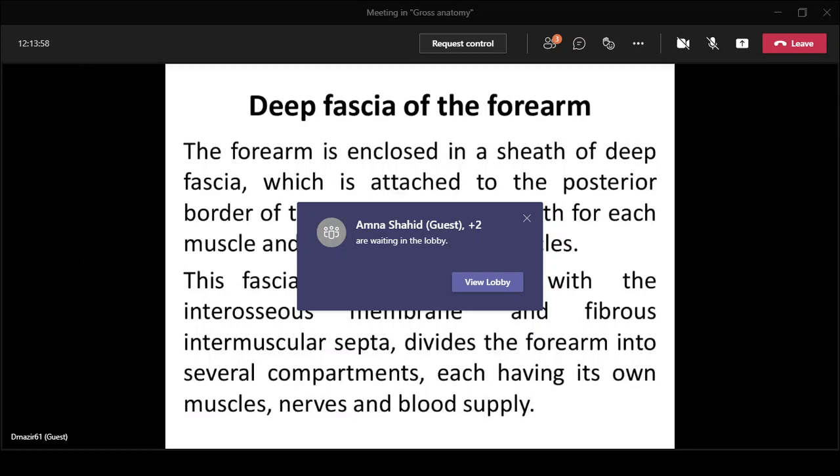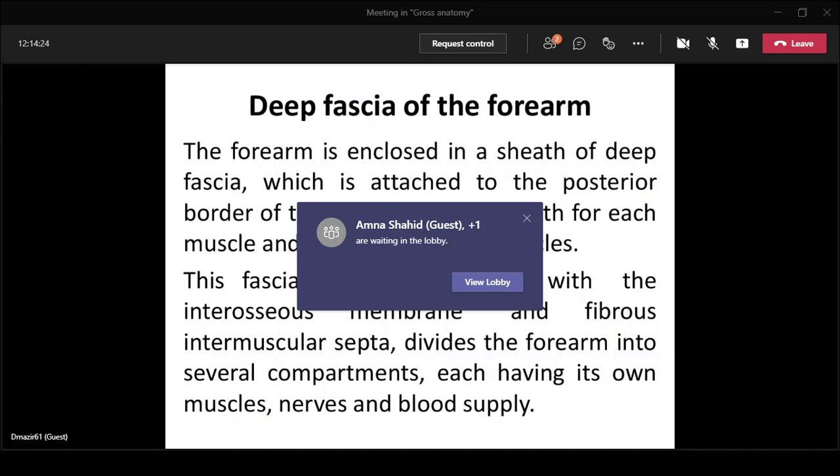The deep fascia of the arm is enclosing the forearm just like a tight sleeve, as is common with the deep fascia in other parts of the body: the arm, forearm, lower limb, thigh and the leg. It is attached to the posterior border of the ulna.